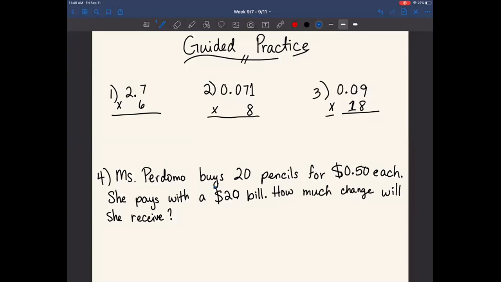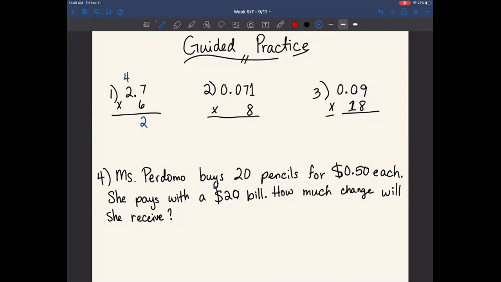What is my first step for number 1? You have to multiply 7 times 6, which is 42. So I put my 2 down there, I carry my 4.